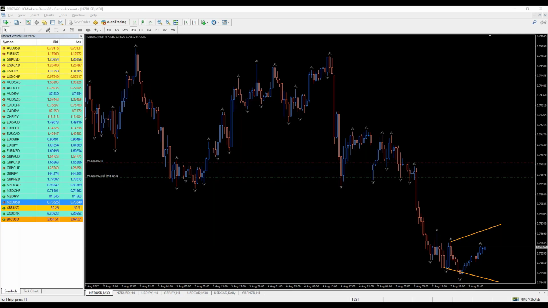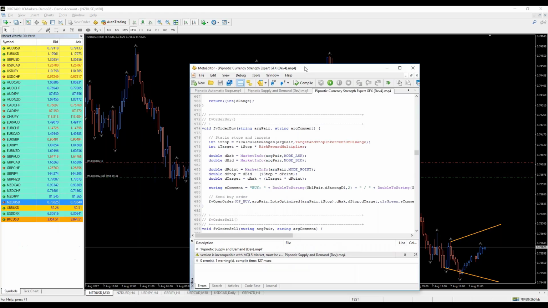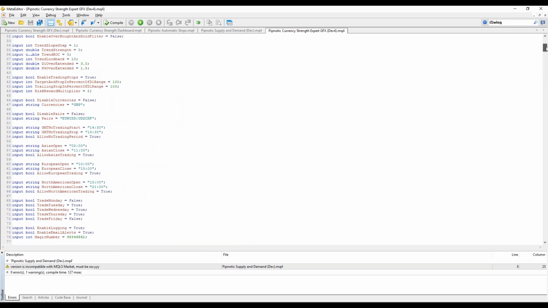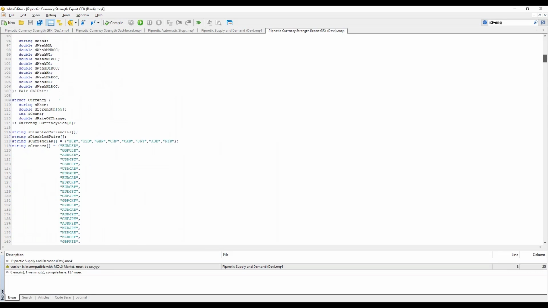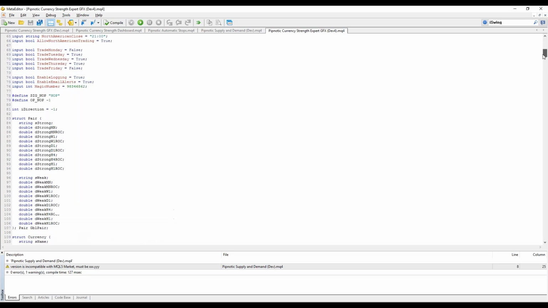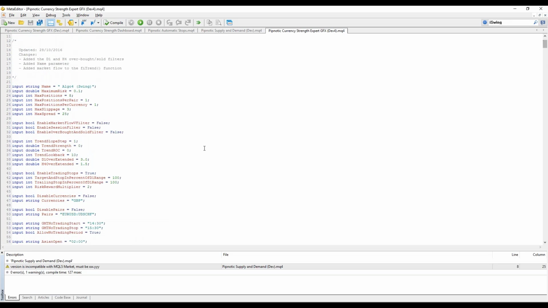I automated the process here, and it was performing analysis of all of these currencies and the pairs that they compose, and it was buying or selling based on currency strength readings over multiple times.